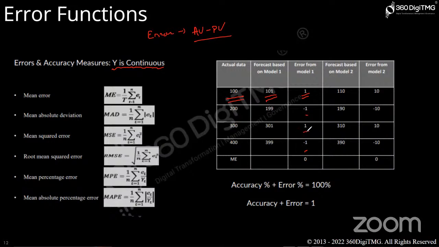For this error measurement, we are having many formulas, like mean error, mean absolute deviation, mean squared error, root mean squared error, mean percentage error, mean absolute percentage error.